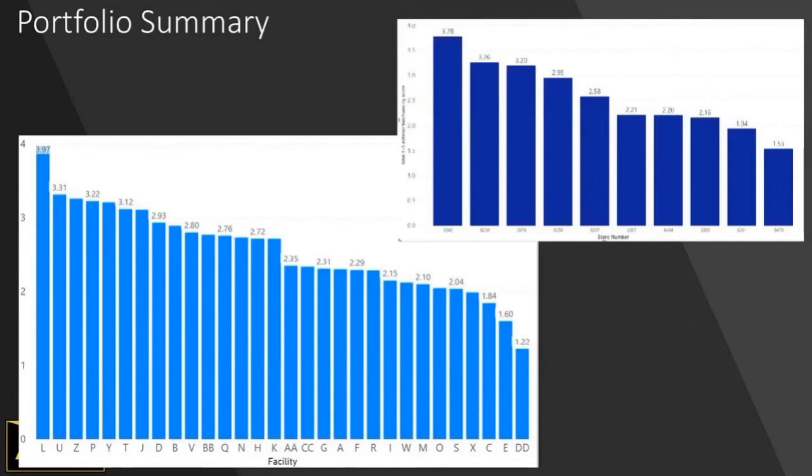Some owners may develop their maintenance budgets on this type of data. Facility managers may present this to leadership, or may say that any facility scoring less than 2.2 would require maintenance funding for the future year.